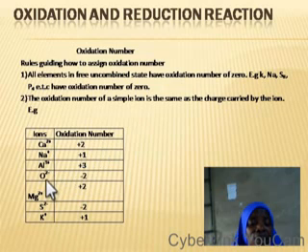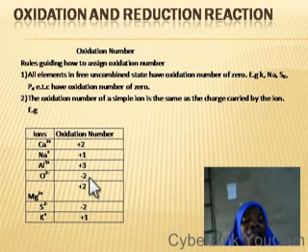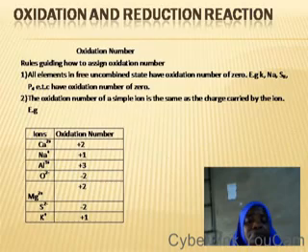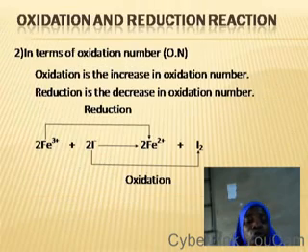Oxygen is -2, and so the oxidation number of oxygen there is -2. We've known the reason why they are plus and why they are minus. So that is what rule number 2 is saying.